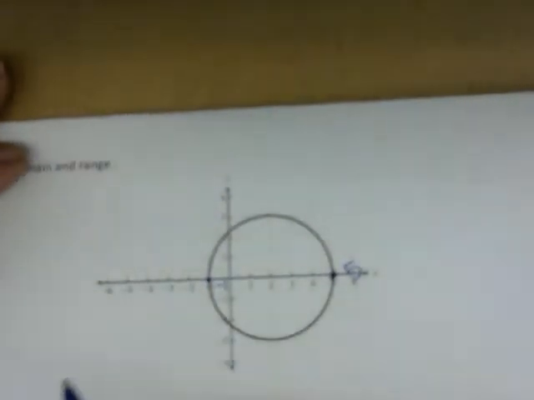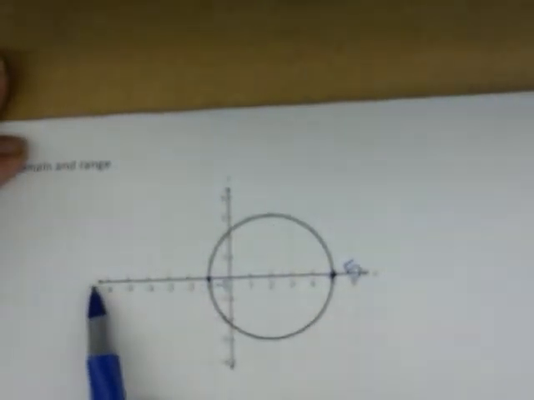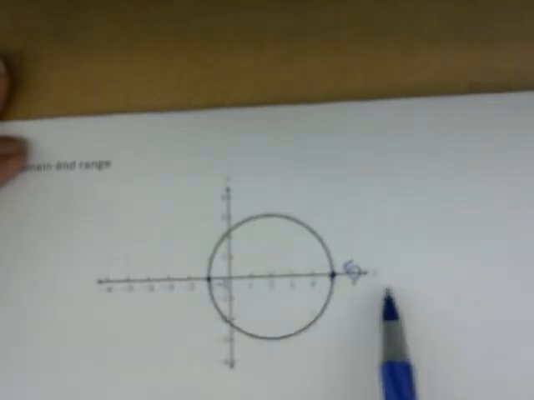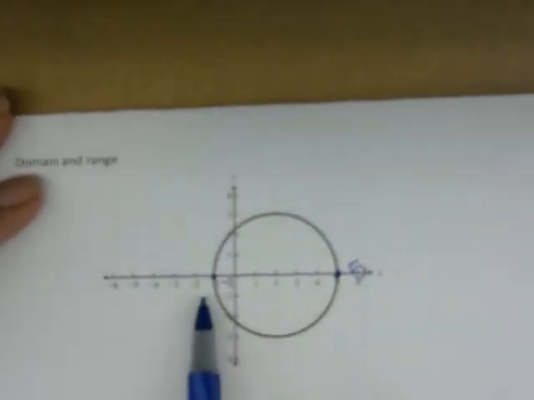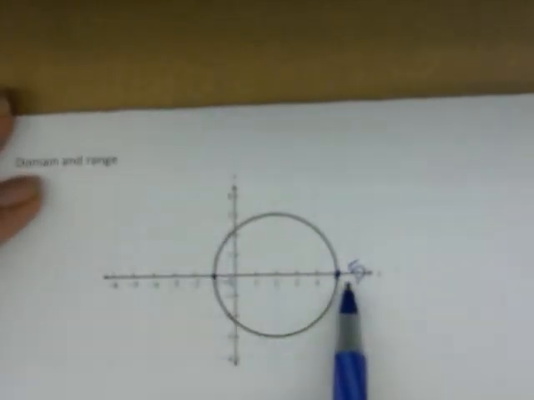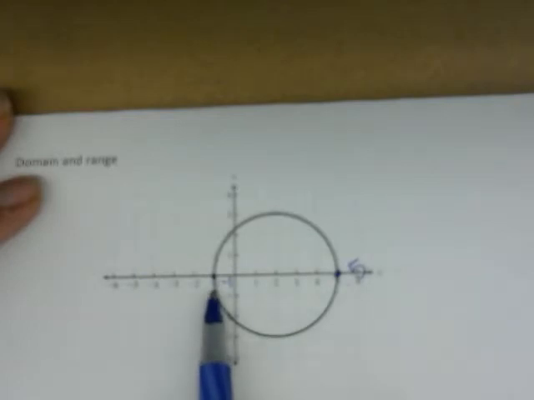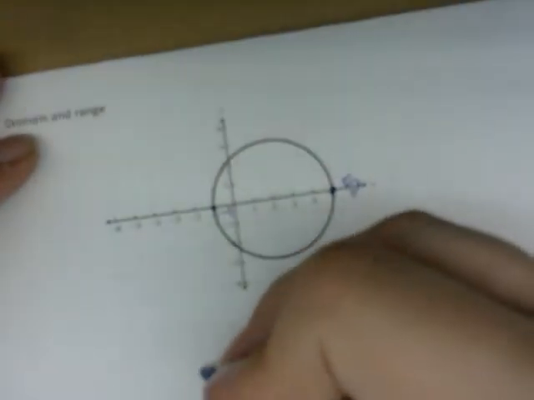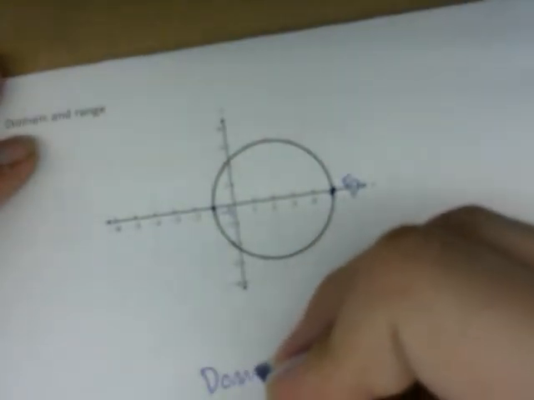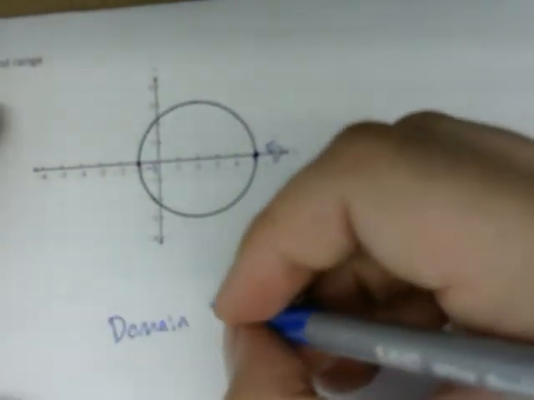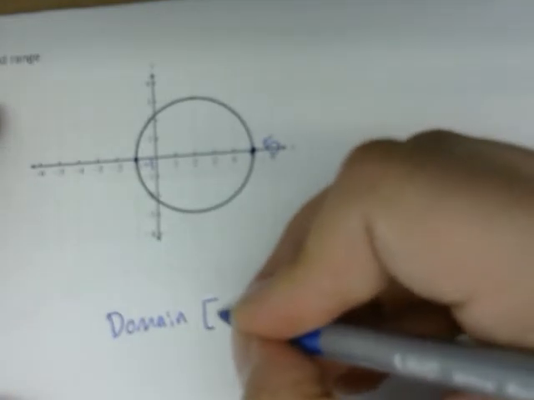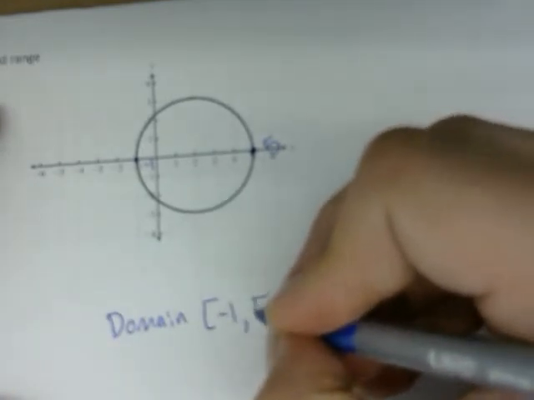So what we're trying to figure out is on the x-axis, how far does this object go? You can see it starts at -1 and ends at 5. So since it starts at -1 and ends at 5, its domain, using those brackets and parentheses, is from -1 to 5.